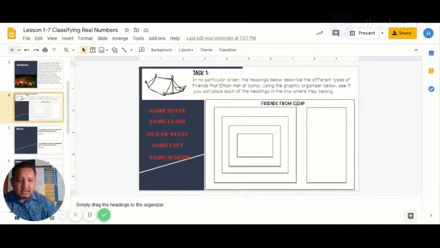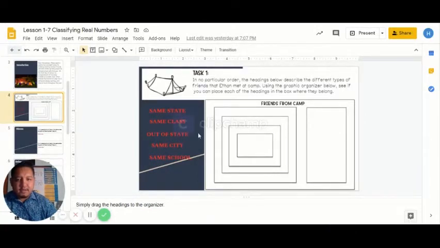As you can see here, this entire box represents the friends from camp that Ethan met. Ethan could have met some friends from camp from the same state, from the same class, from out of state, from the same city, and from the same school. So think about it. When you go to camp, you usually go with people you know from the same school or the same city.